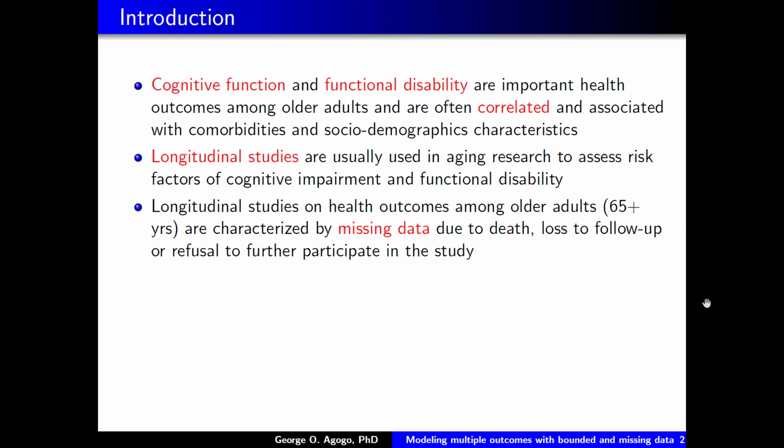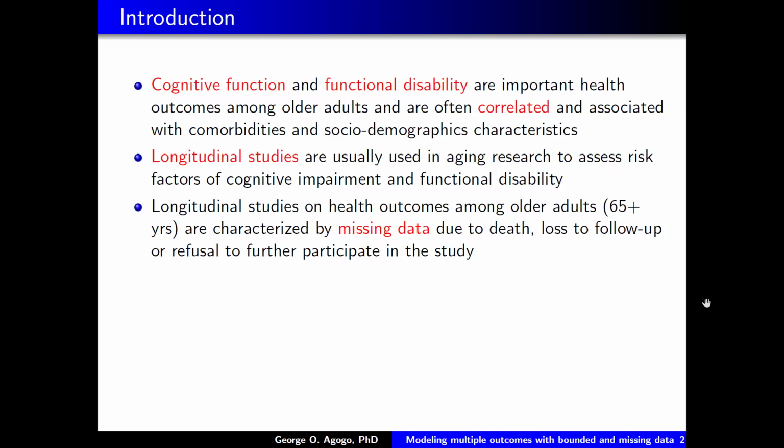So as one goes bad, the other also goes bad. So positive correlation in most cases. And they're also often associated with comorbidities, as well as demographics, or social demographics. For example, you find that cognitive decline is associated with advanced age, similar to functional disability. So we become less independent as we grow old.